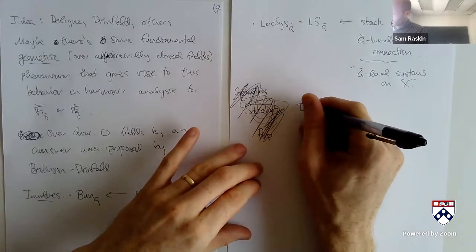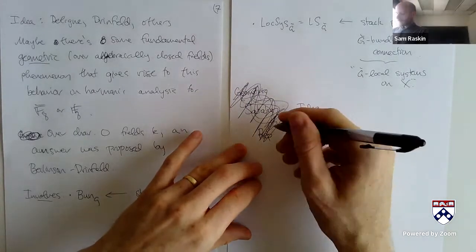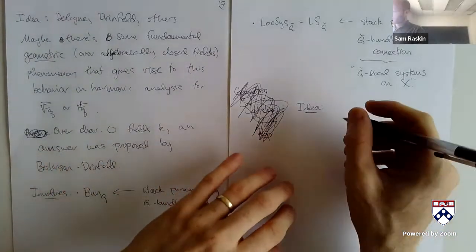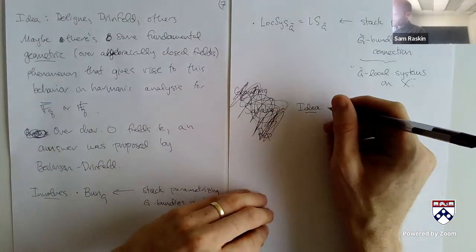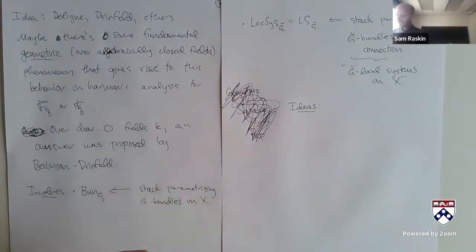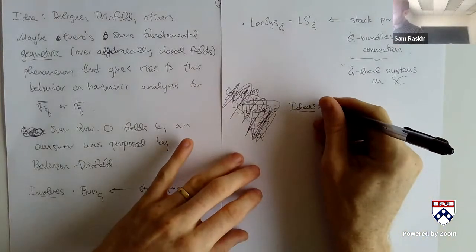There are a couple of ideas I need in order to describe the story. There's a general yoga here of how things work, and where that yoga comes from I can't completely say in the time allotted. But there are a couple of ideas.